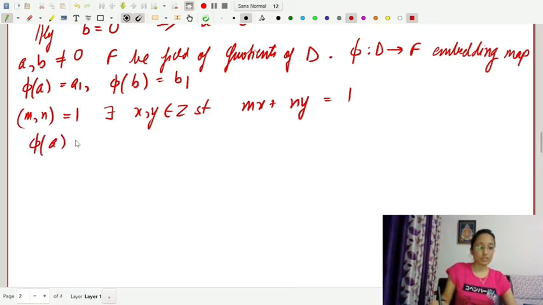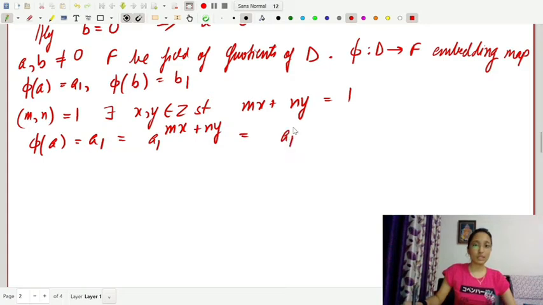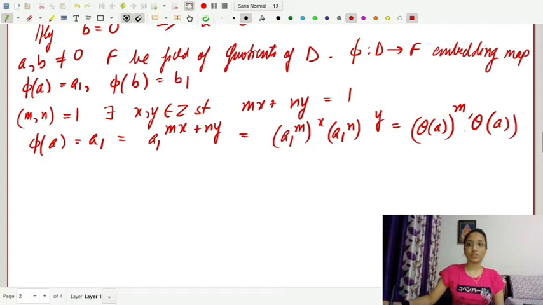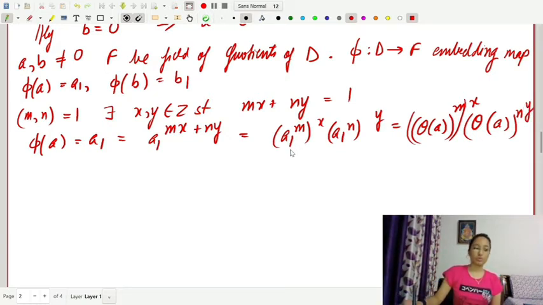Phi of a is equal to a1, which is equal to a1 raised to power mx plus ny, which in turn implies a1 to the m into x, a1 to the n into y, which in turn implies theta of a to the m, theta of a to the n, raised to x and y respectively, because a1 was given to us to be theta of a.